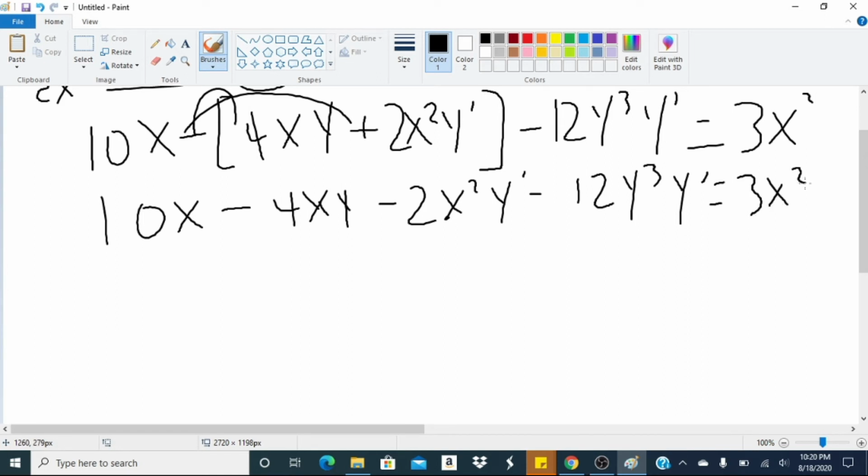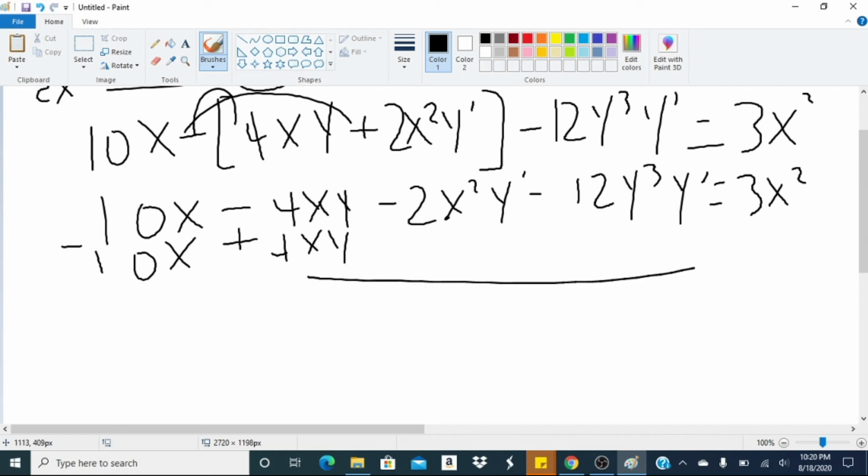Okay. Now from here, what we're going to do is subtract 10x and add 4xy to both sides. Same applies to here.